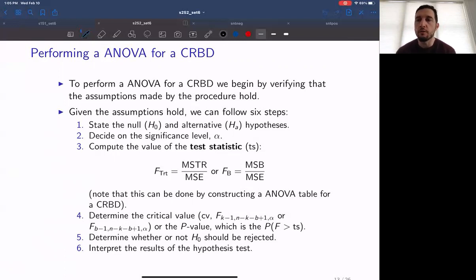The general strategy for performing these tests, and even the way that you can think about the outcomes, is very similar. In the test of the treatment effect, you're just asking, is there evidence that the mean value at each level of the treatment are different? And with the block, you're asking the same thing, but instead in terms of the blocks.